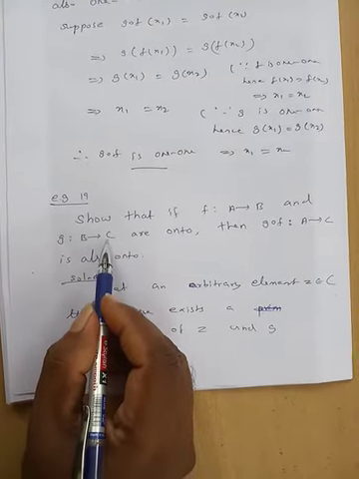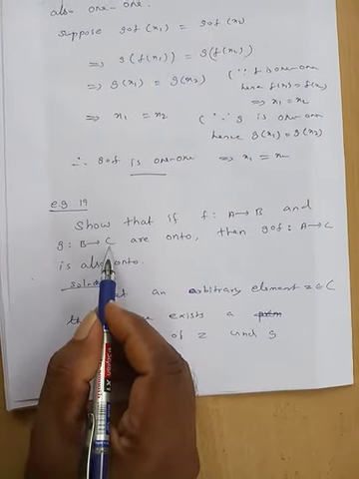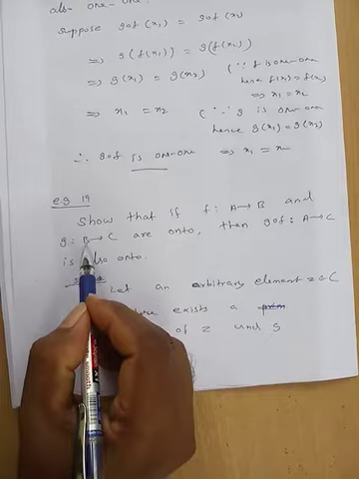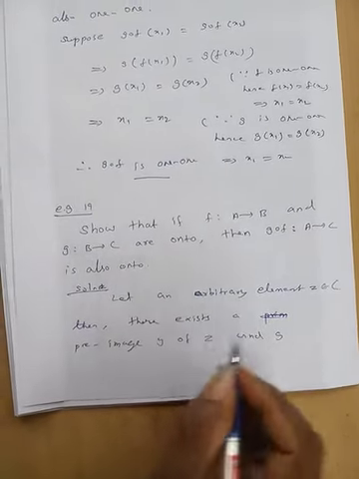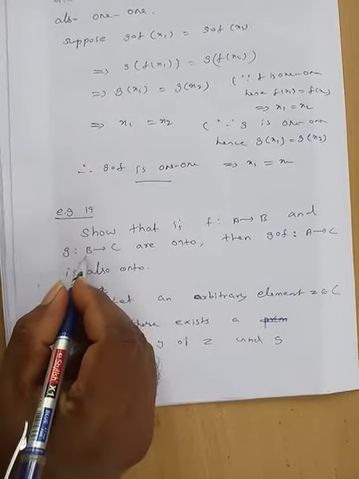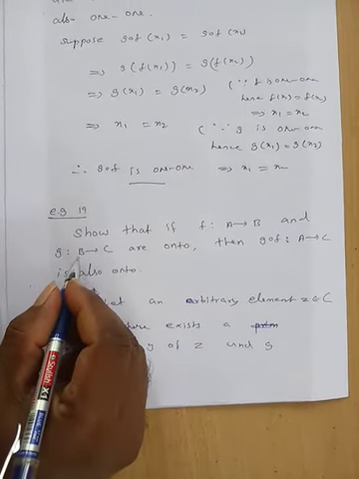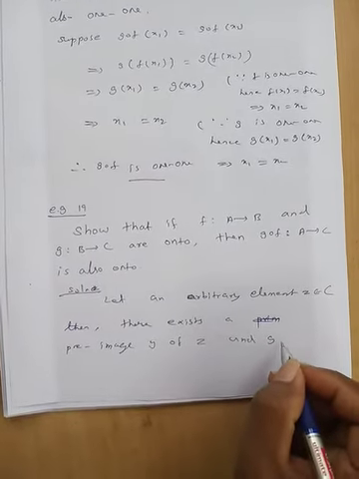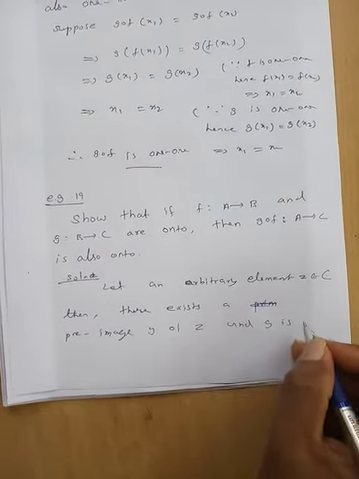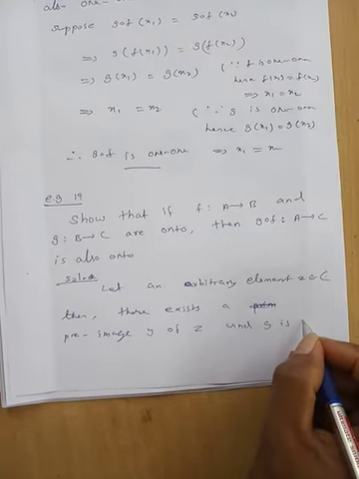Since z is from C, that preimage is in B, and g is onto.